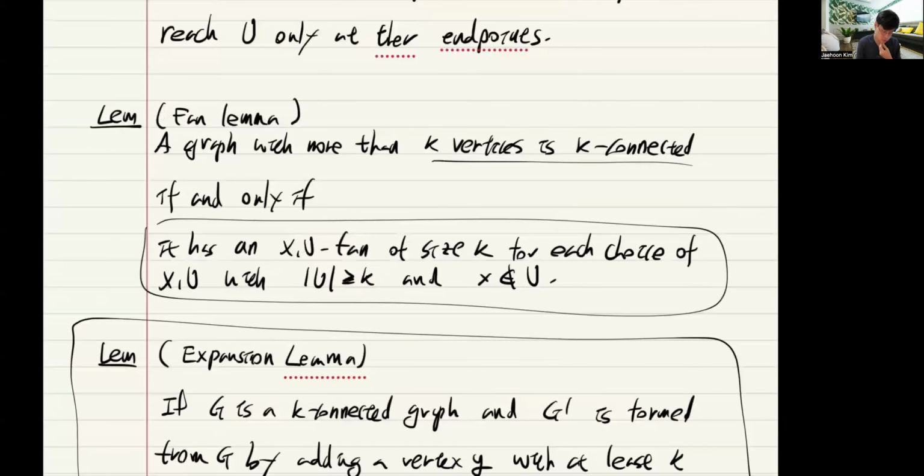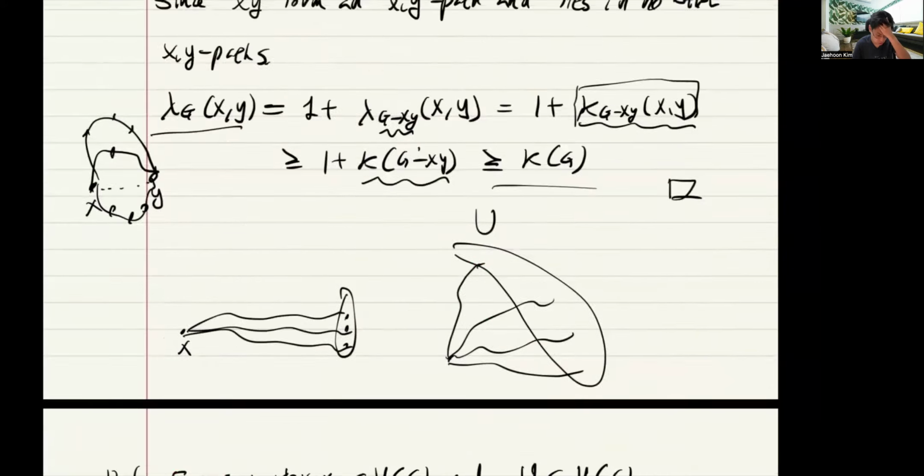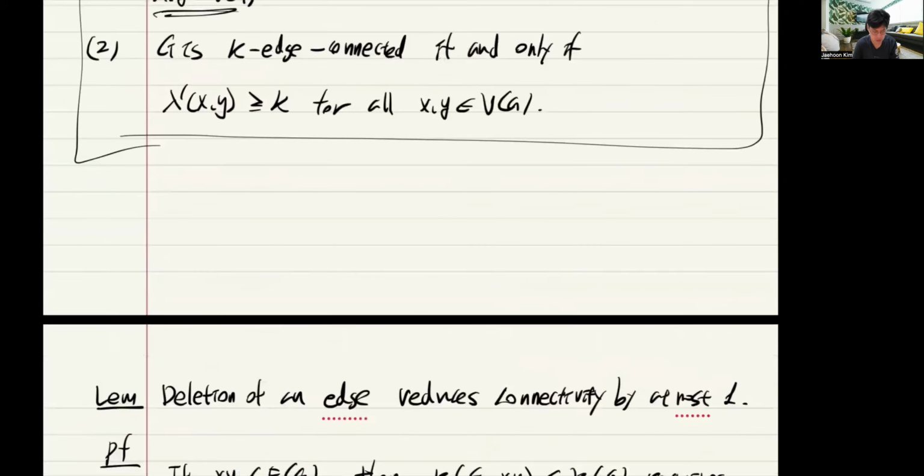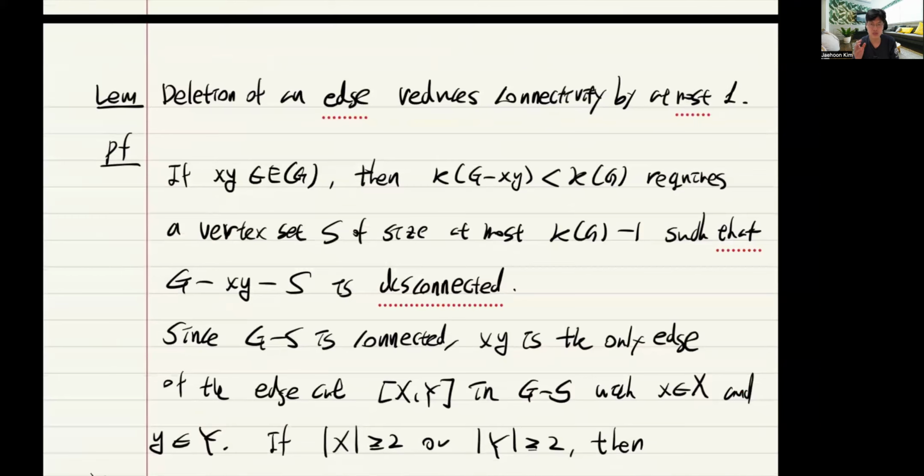So we proved this fan lemma, which we'll see is handy in some cases. What have we proved? We proved Menger's theorem, which shows that the separation property and finding many independent paths between two vertices are closely related.